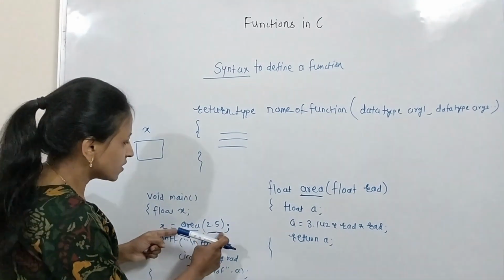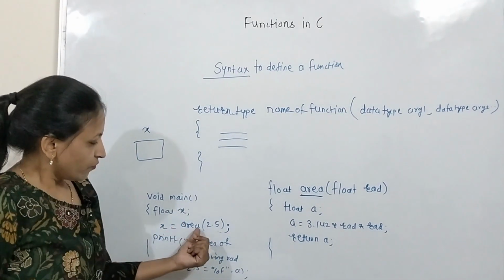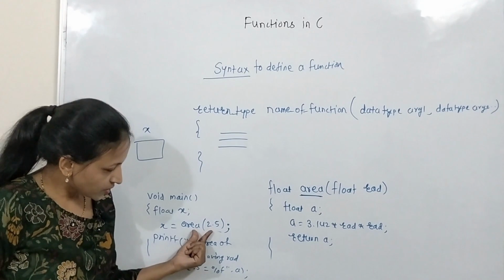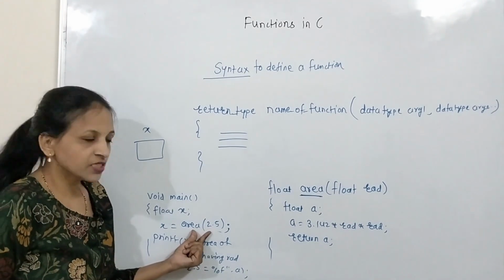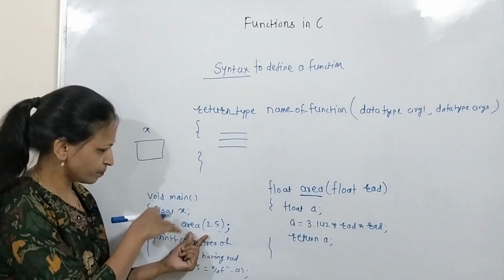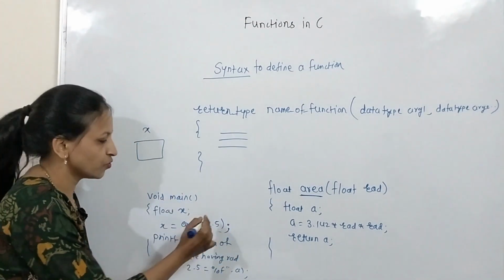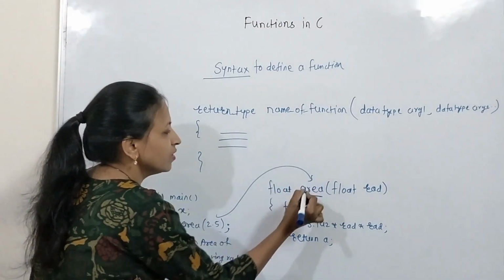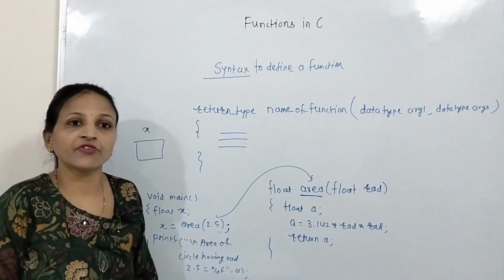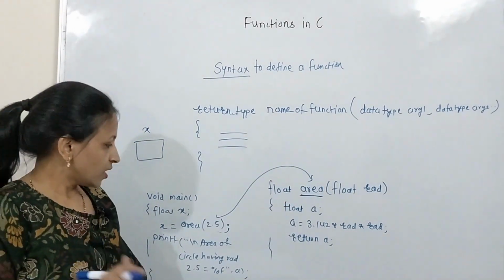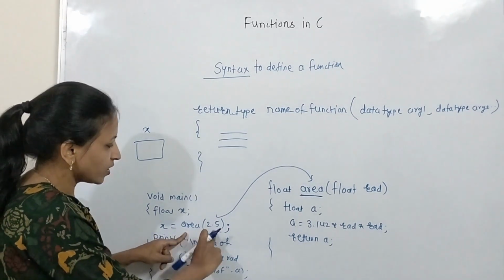Getting? Whenever this statement is executed by the processor, the execution control will go to wherever that function is defined. Now see, here we are calling that function.